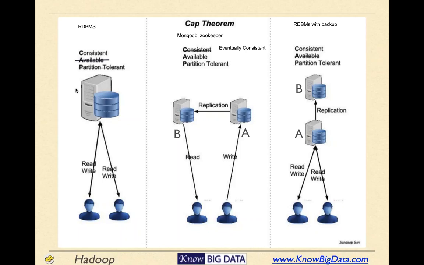Because there will be some time lag between data reaching from A to B. Users write to A, then the data goes from A to B, or if there are more servers like B, like C or D, then the data goes to B and C, and then users read from A, B and C, and so on.